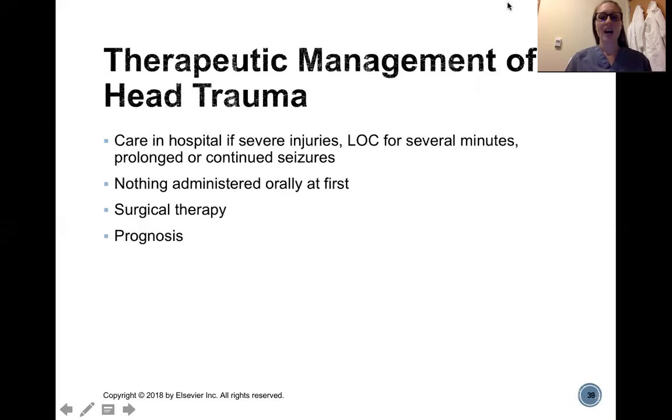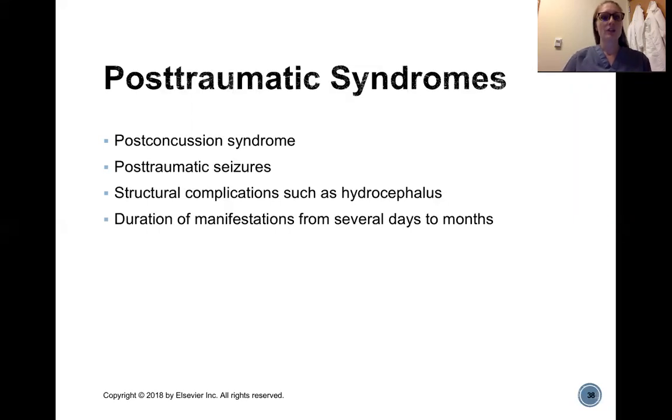So hydrocephalus is an example of a structural complication that can occur. And with structural complications, we are just going to see the decompensation. And it's really going to depend on the nature and the location of the injury. And the manifestation can last from several days to months for any of these issues.